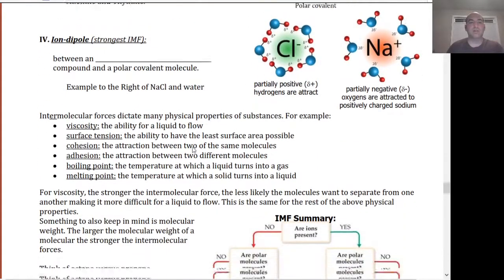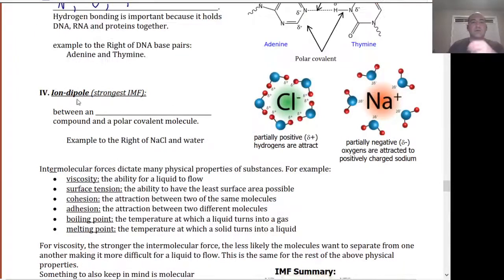And then the last one here, I'm going to put kind of parentheses around it, because I don't want you to get confused about this type of interaction. Technically the strongest force here is when you have a fully charged ion, like a chloride ion or a sodium ion, interacting with some dipolar molecule.